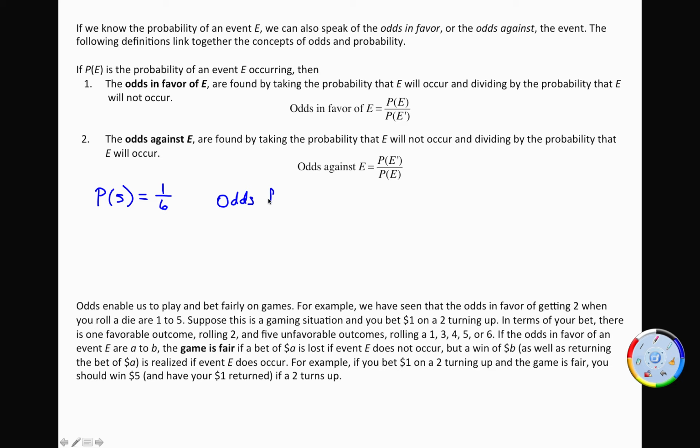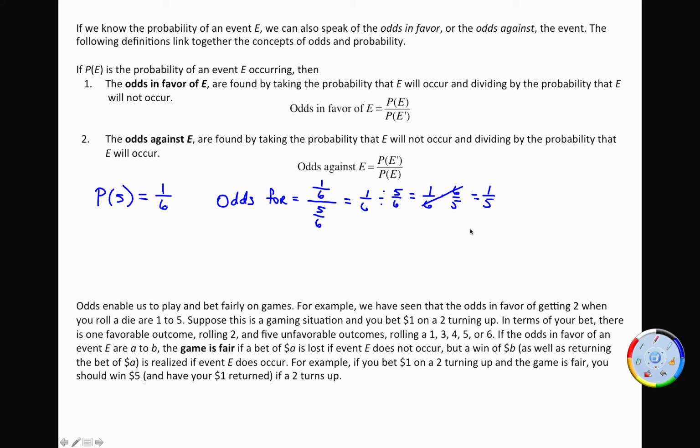Odds for is the probability that the event happens, 1/6, over the probability that it does not happen, 5/6, which is 1/6 divided by 5/6, or 1/6 times 6/5, which is 1/5.